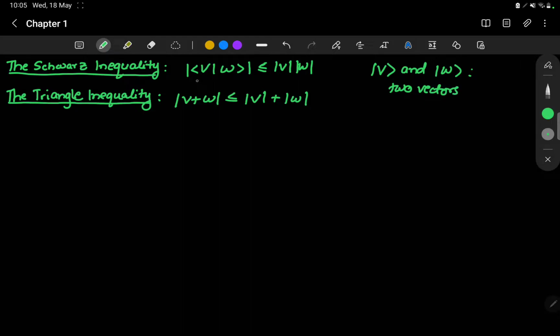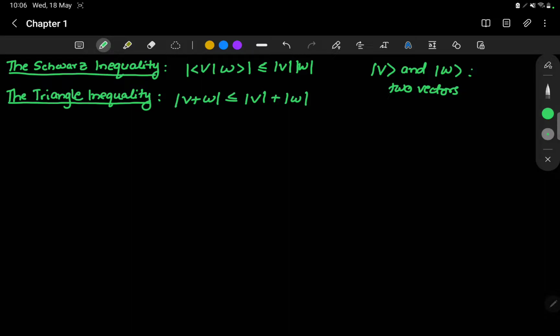So this is the inner product. The magnitude of the inner product of two vectors would be less than or equal to the product of the individual magnitudes of the vectors. This is the Schwartz inequality. It deals with the magnitude of the inner product of two vectors.